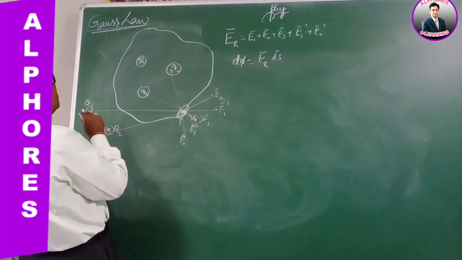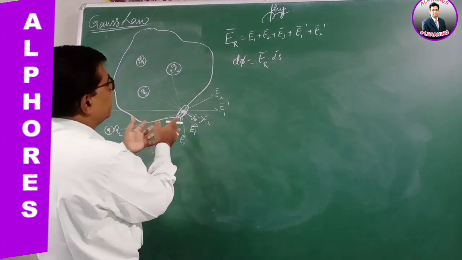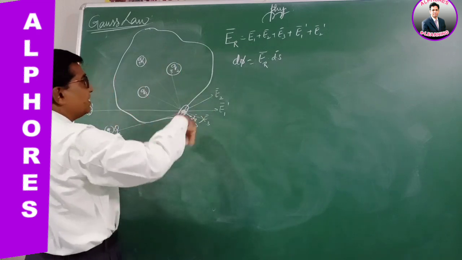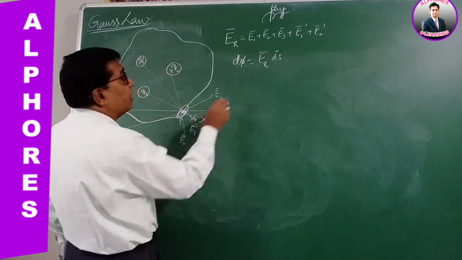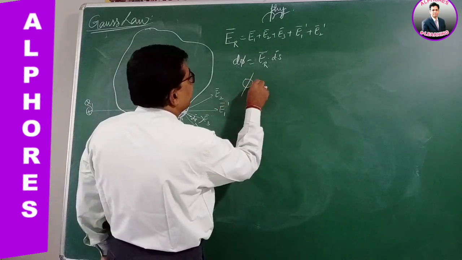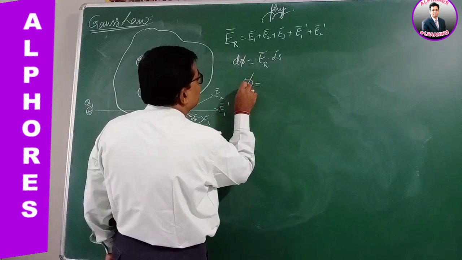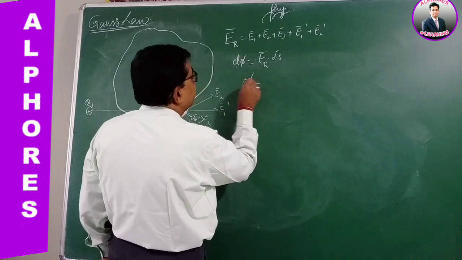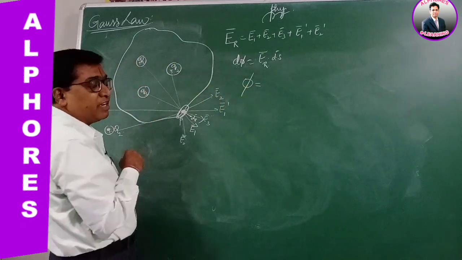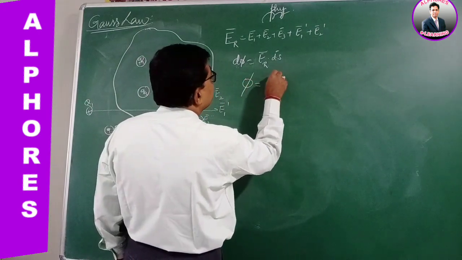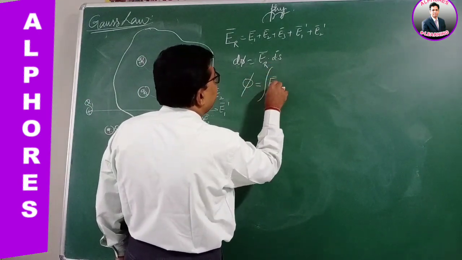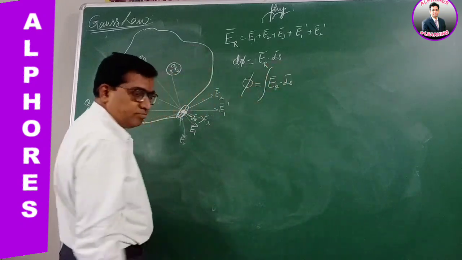According to the mathematical form of Gauss law, the net flux is the integral of E dot dS.